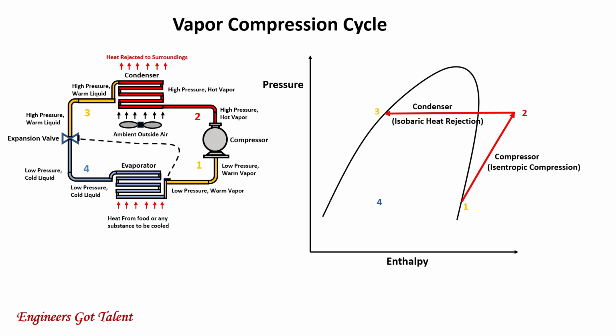At point 3, the refrigerant enters the expansion valve as still high pressure warm liquid. Expansion valve is also called a metering device or throttling valve. This valve controls the amount of refrigerant to be circulated to the system. Because the valve is restricting the flow, less refrigerant will flow, thus making more room for the refrigerant to expand or flash.